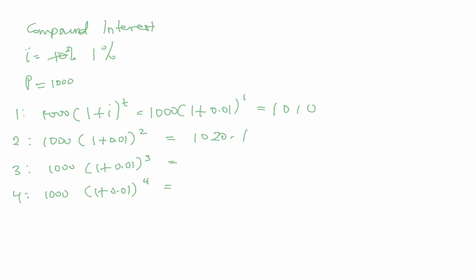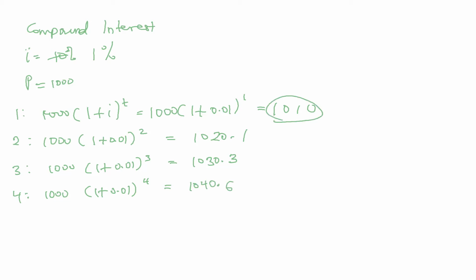In the case of the third year, we have 1030.3. Then for the fourth year, we have 1040.6. Good.